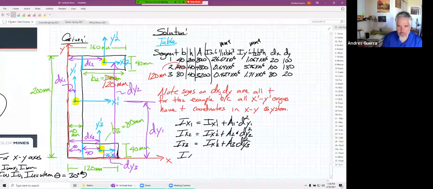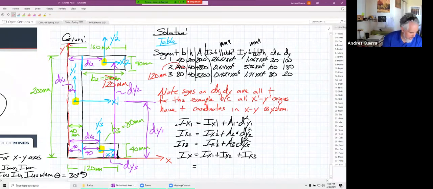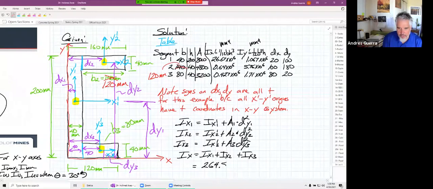We could add all these up. Ix would be Ix1 plus Ix2 plus Ix3. And we're going to find a value here of 264.57 times 10 to the 6th millimeters to the 4th.